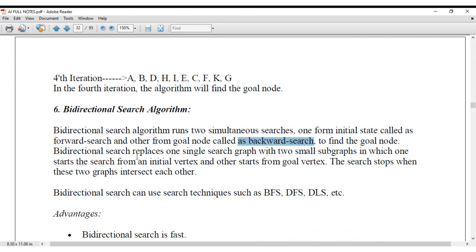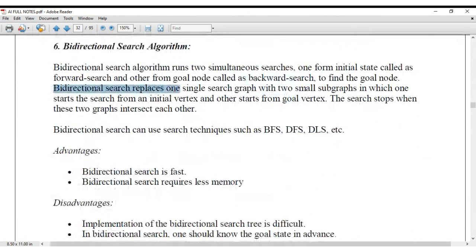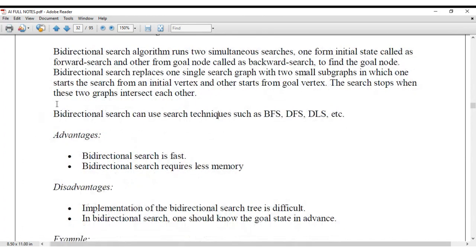Bidirectional search replaces one single search graph with two small subgraphs in which one starts the search from the initial vertex and other starts from the goal vertex. The search stops when these two graphs intersect each other. I think you can already visualize this statement even before you go to the diagram or to the tree. Basically, bidirectional can use such techniques such as breadth first, depth first, and depth limited.